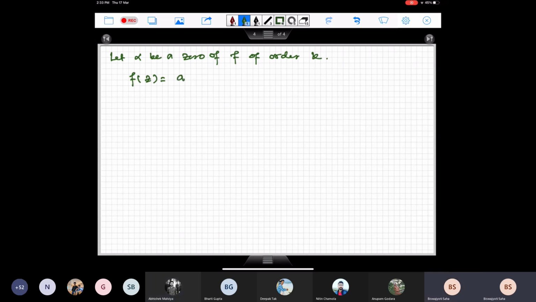No, no, this is a zero, be careful. So it starts from z minus alpha power k. The order is k, given, right? So let's say a_k (z minus alpha) power k plus a_{k+1} (z minus alpha) power k plus 1, and so on and so forth. All of you agree to that? So around alpha, I have this.